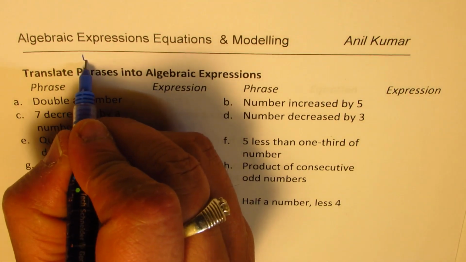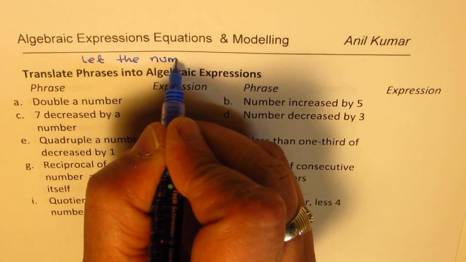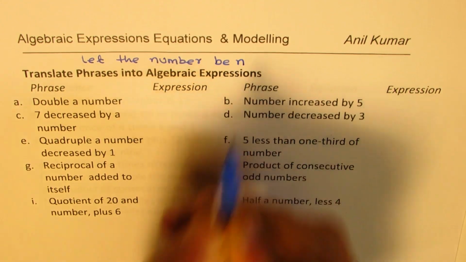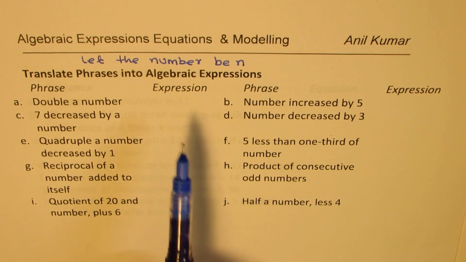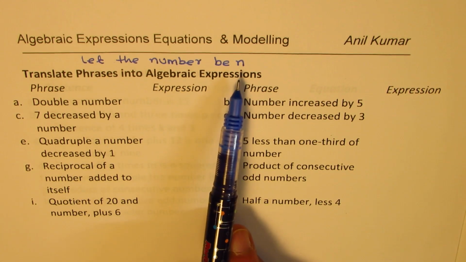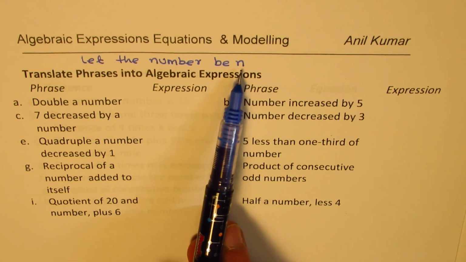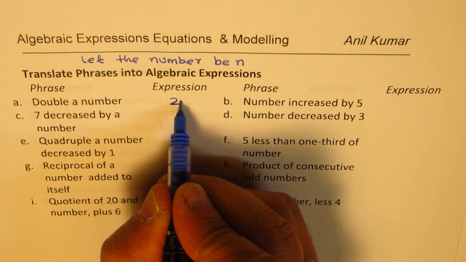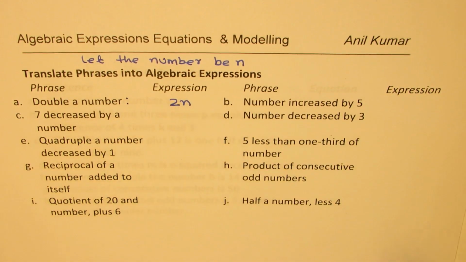So let the number be n. In general, we'll use n for number. As and when required, we can always define our variables. When we say double a number, then we will use n as our number. So the expression will be 2 times n. Do you understand? So 2 times n means double the number. Does that make sense to you? So we are just twice the number.